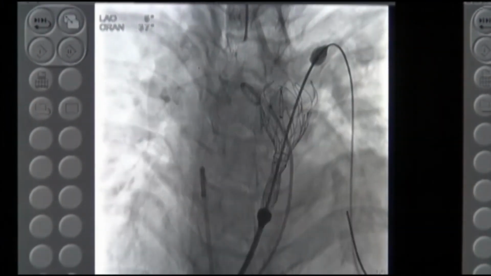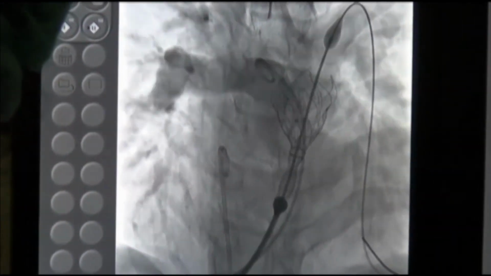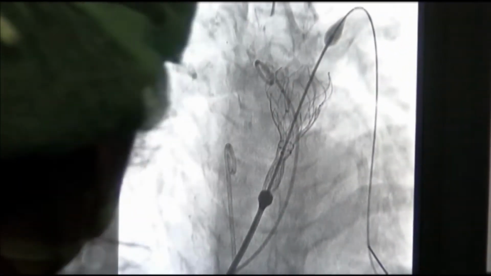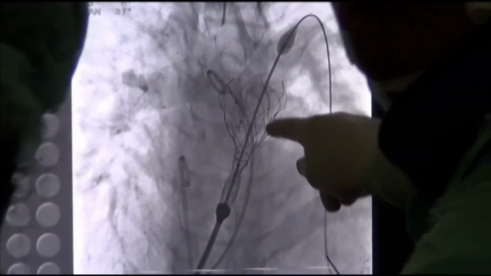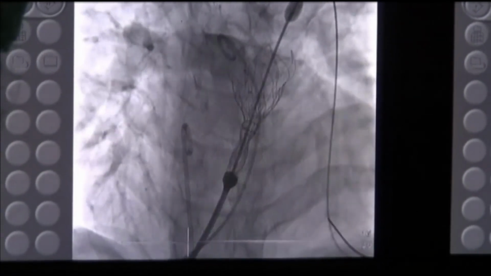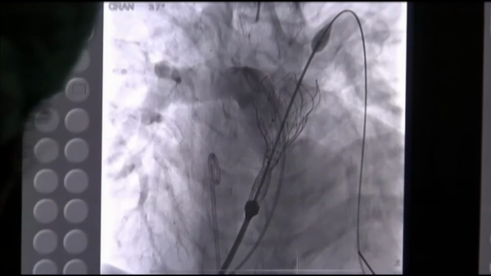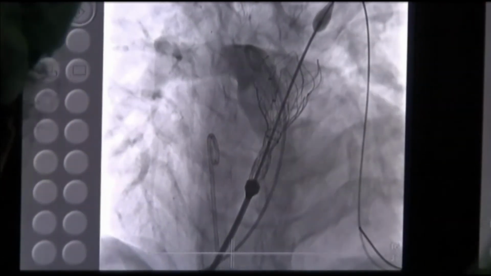So with the angio, we can see the PA bifurcation, so we can adjust it. Now it looks very good in the PA bifurcation, the tip flare. So we can keep releasing to deploy the valve. You can see the circle now is in the middle of the valve.